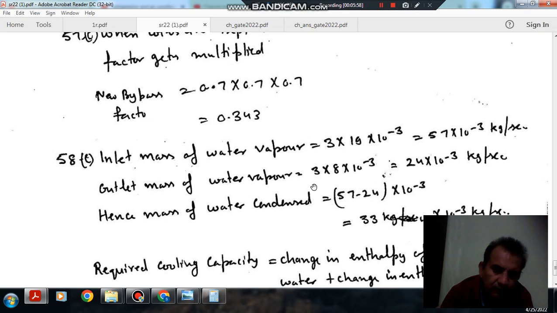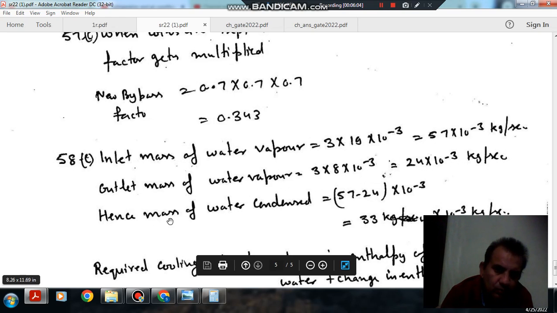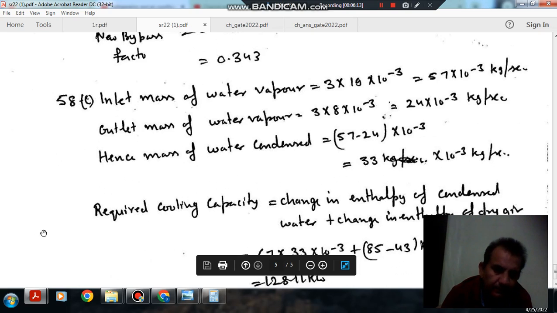The outlet mass of water vapor is 3 into 8 into 10 to the power minus 3, that is 24 into 10 to the power minus 3 kilogram per second. So the mass of water condensed is (57 minus 24) into 10 to the power minus 3, or 33 into 10 to the power minus 3 kilogram per second.